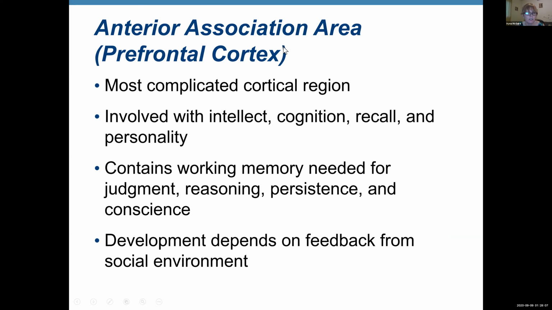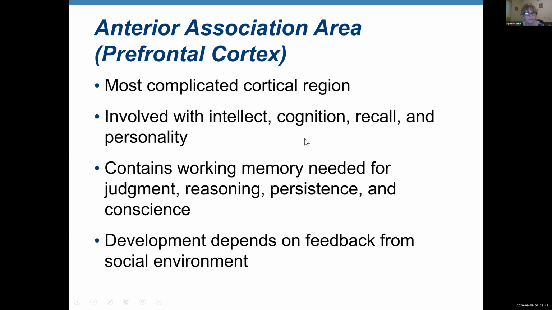The anterior association area, or prefrontal cortex, is the most complicated cortical region, involved with intellect, cognition, recall, and personality. It contains your working memory needed for judgment, reasoning, persistence, and conscience. Its development depends on feedback from the social environment. This is where your personality is. When you work on your exam, that's the area that is active.